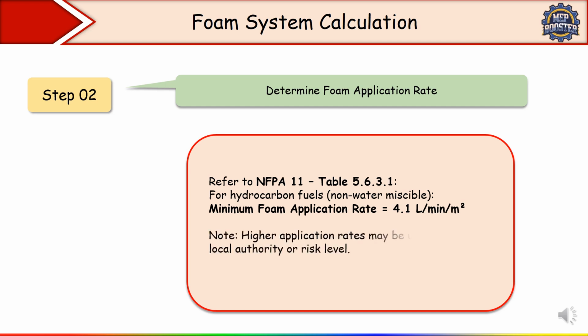One note is also given here that a higher application rate may be used depending on the local authority or risk level. But the minimum application rate for hydrocarbon fuel is 4.1 liters per minute per square meter, correct?